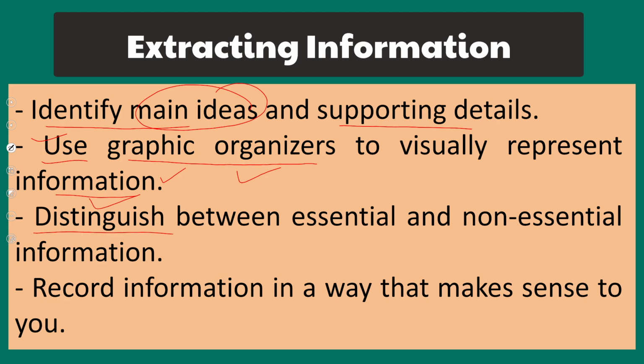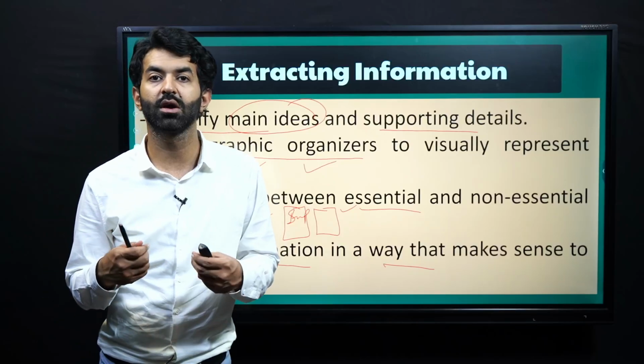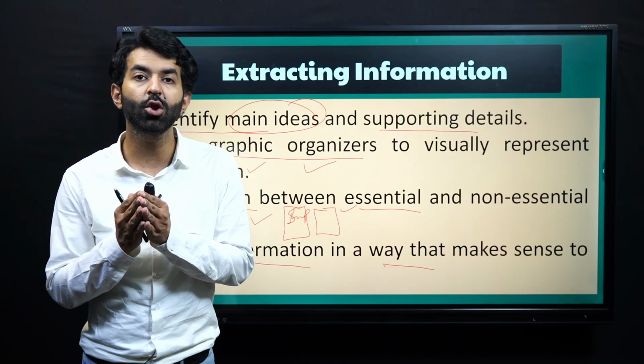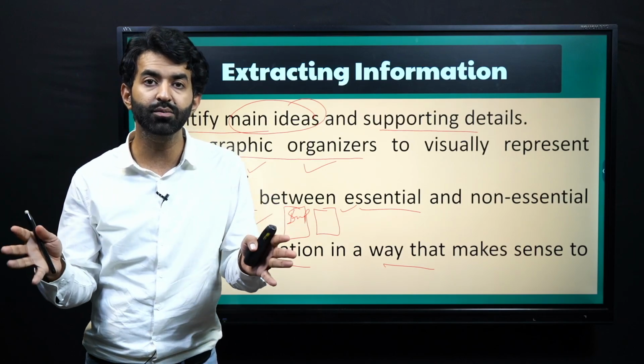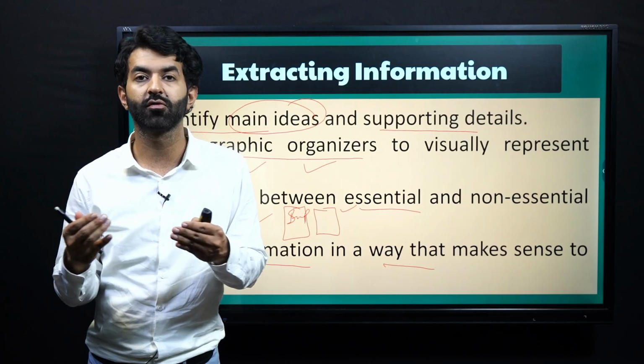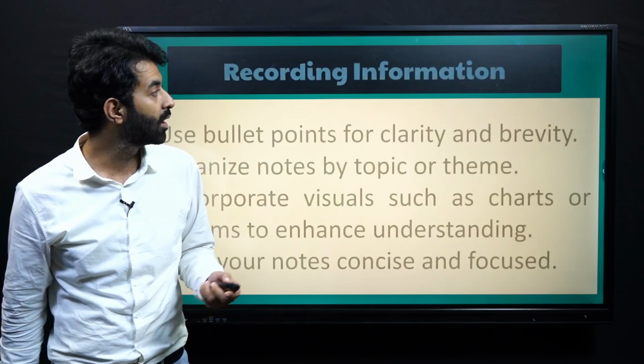We distinguish between essential and non-essential information, which information is important and which is on the secondary level. Record information in a way that makes sense to you. So when you're taking notes, when you're keeping a record of the information, it has to be logical and organized. So this is how we read something and extract information from such non-fiction text types.